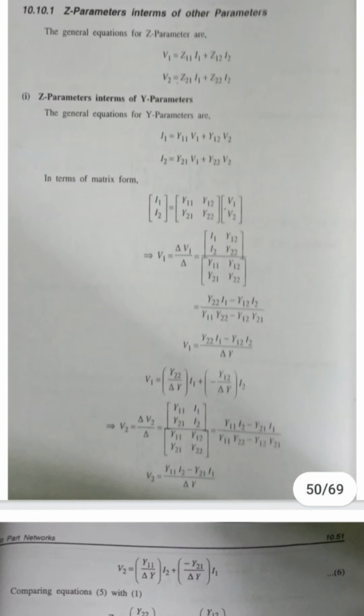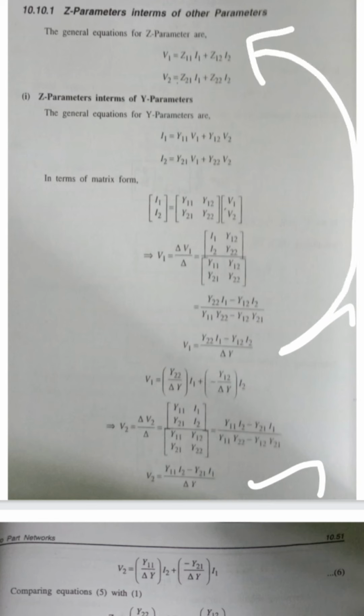So what value did we get? We got the v1 and v2 values. So this is v1 and this is v2. Now separate them, and compare this equation with this equation. So v1 equals, what comes here? y22 by del y into I1. So what is the I1 coefficient? Z11. What is the I1 coefficient? y22 by del y. And next, the Z12 coefficient is minus y12 by del y.